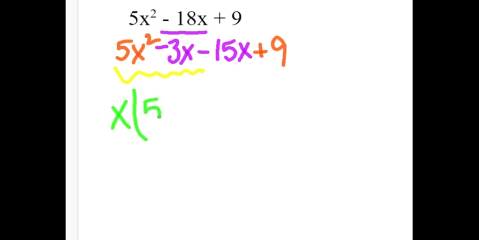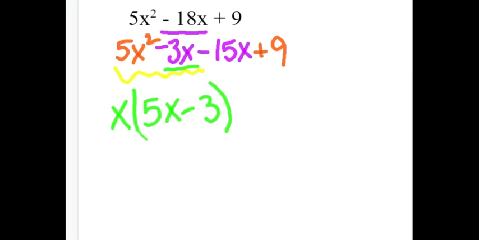Well, we need a 5. That would give us 5x, but we need 5x squared. So we need another x. That would give us 5x squared. Now for the negative 3x, we need a minus 3. x times negative 3 is going to give us negative 3x. So we have factored the first part.